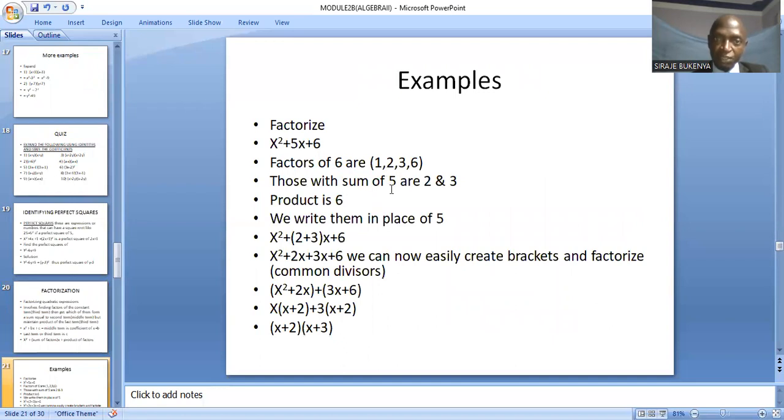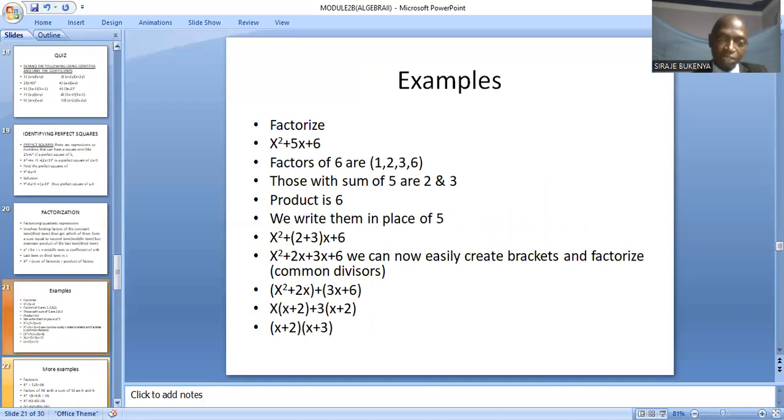Factors of 6 are those. So the sum of 5 will be 2 and 3. So you take factors 2 and 3, and the product will be 6. So if you do that, you can see that 2, 3 replace the 5. And then you can easily factorize using that idea. So it means they become 4 terms, and you can easily create the brackets for that.